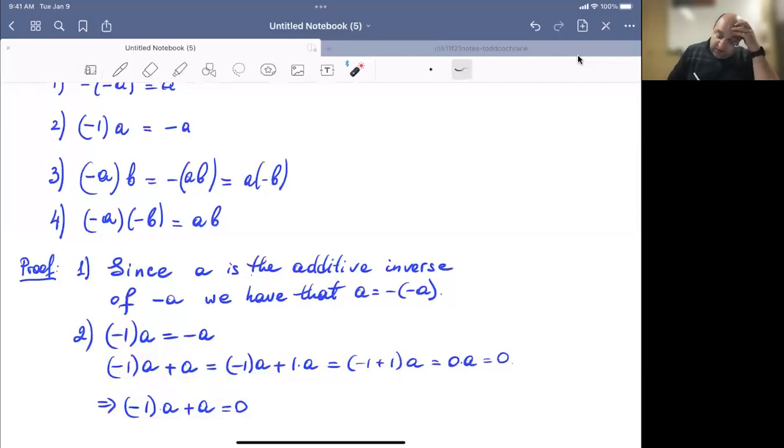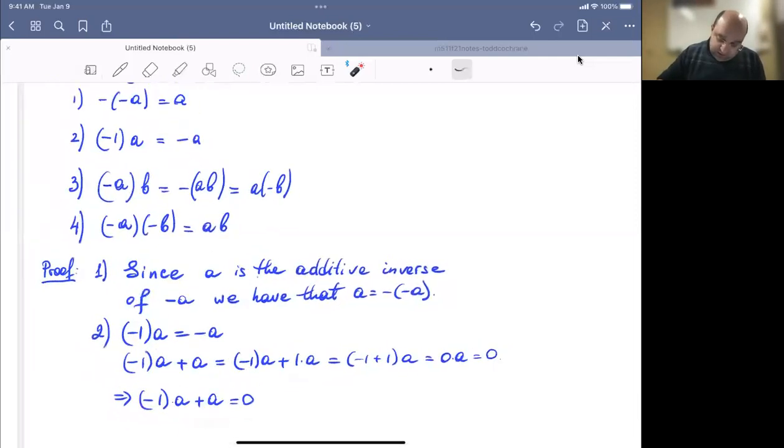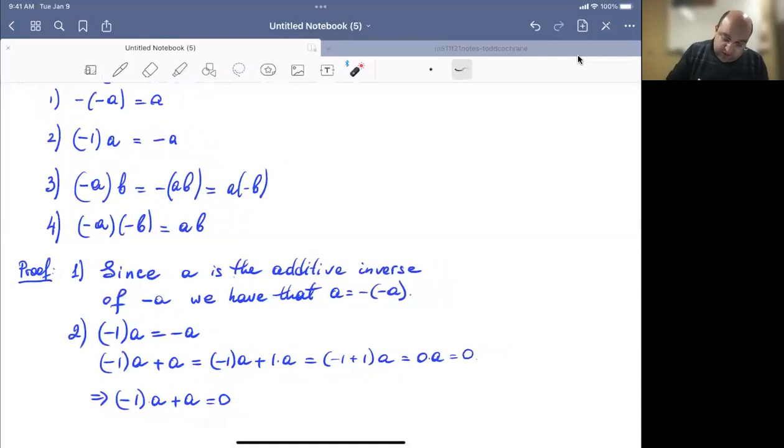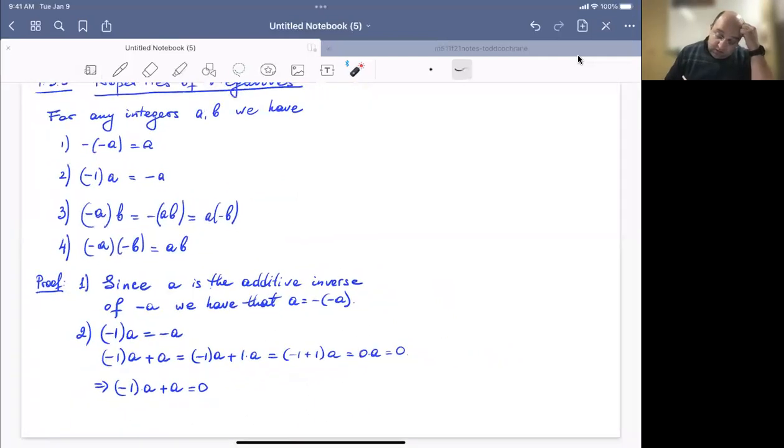Okay, and is that what we wanted to show? Well, if we subtract A from both sides, we get this. So that proves this property. Let me just finish that.